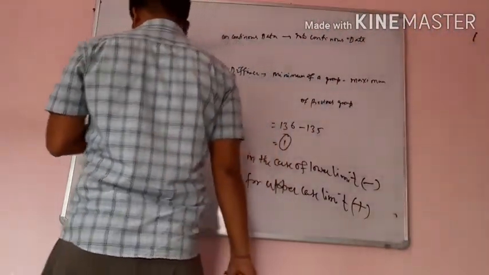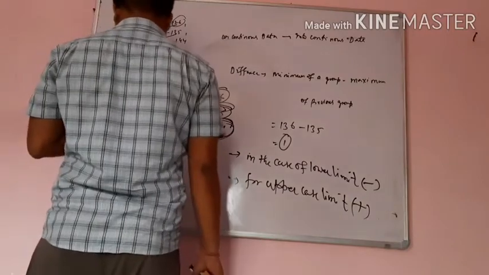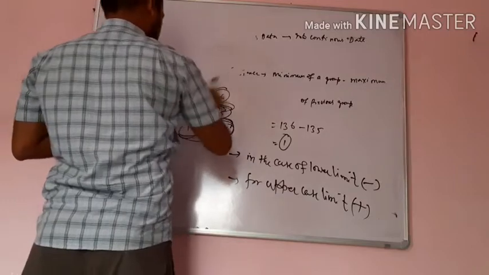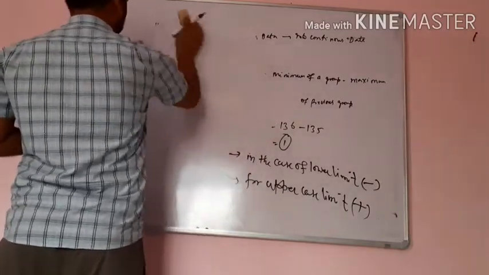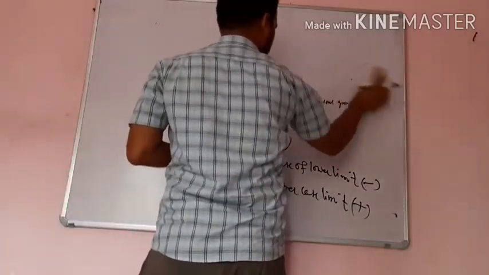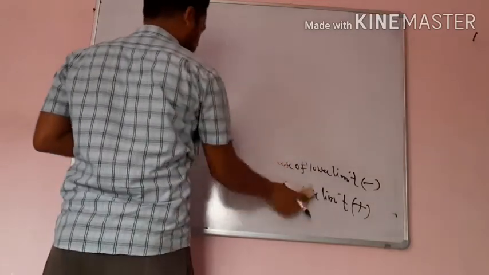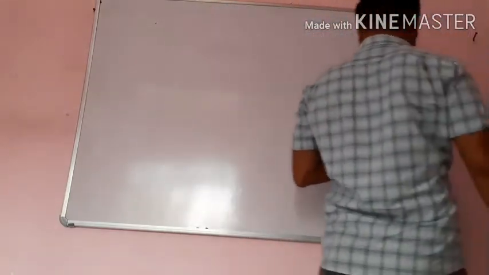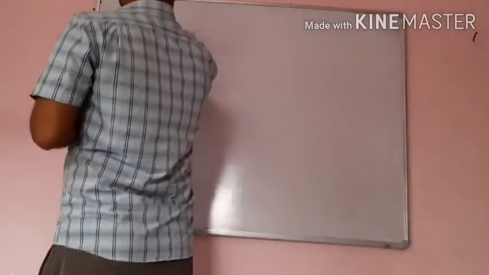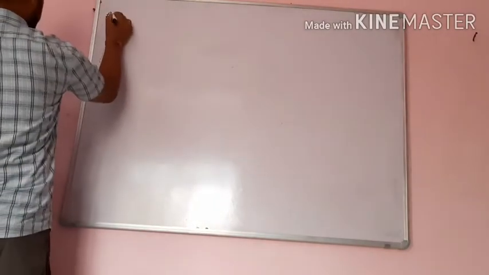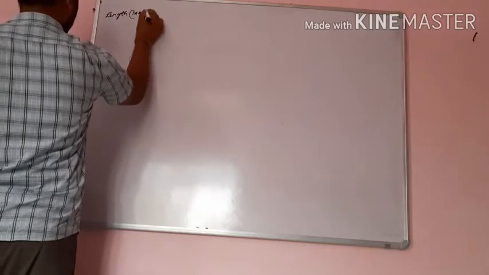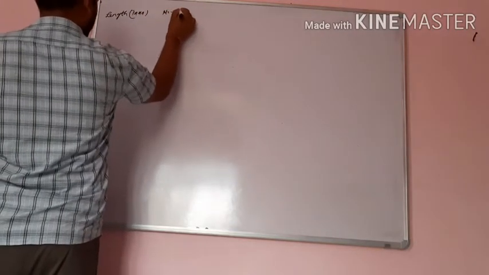First of all, we will make a continuous group arrangement of the data, so I am doing it here. See, length in mm, number of leaves.